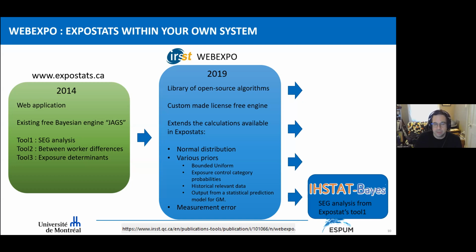So what we did is program all the calculations done in Expostats into 3 different languages: R, the statistical package, JavaScript, which is used for websites, and C#, a language that can be used to make software. And we made these algorithms available online.